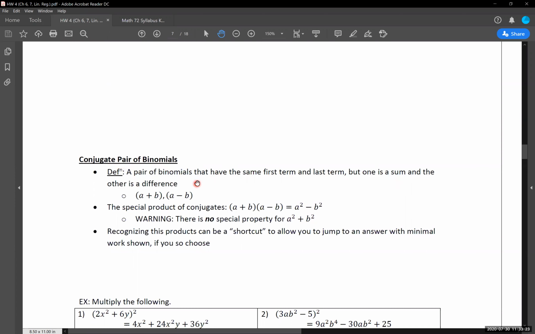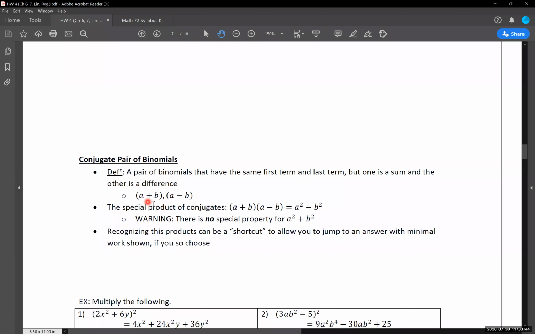So in our general form, the conjugate pair of a + b is a - b. Vice versa, if we're starting with a - b, its conjugate pair is a + b.